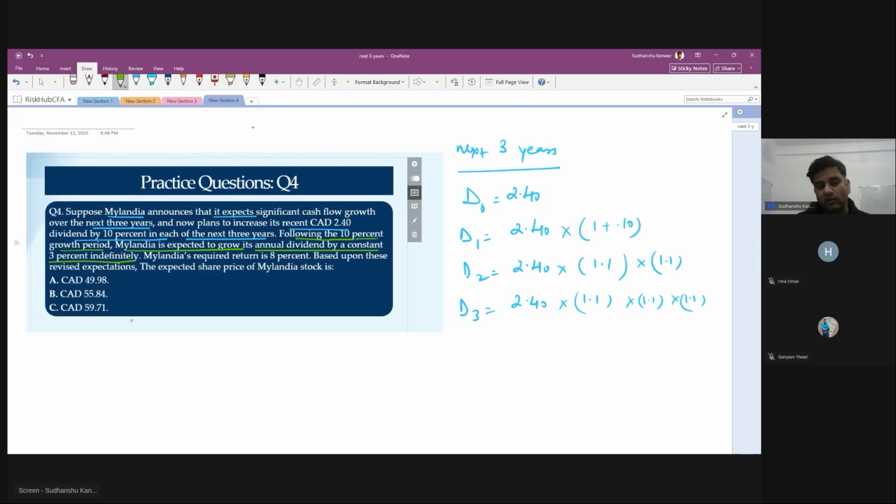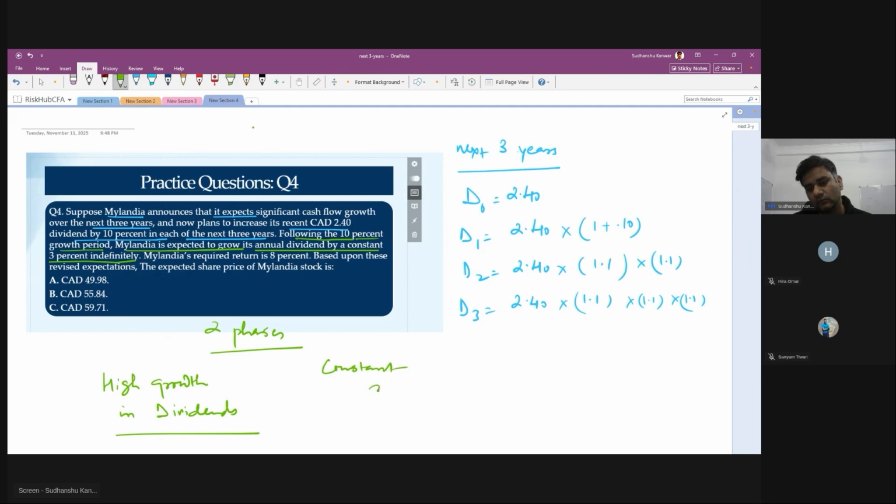So you are now saying that there are two phases basically. One phase is of high growth in dividends. One phase is constant 3% indefinitely. So one phase is 10%, another phase is 3%, right?